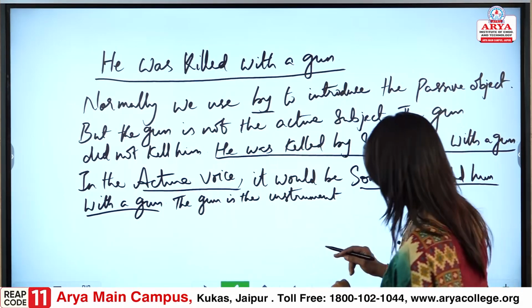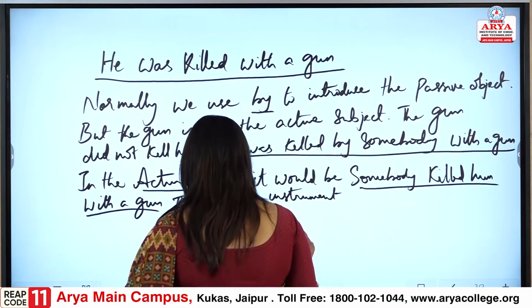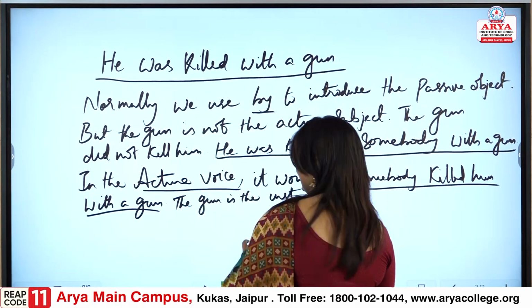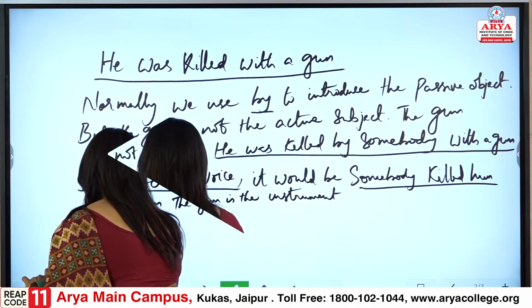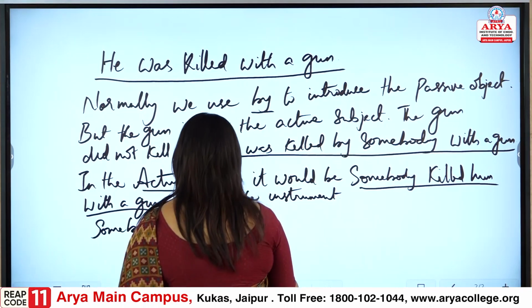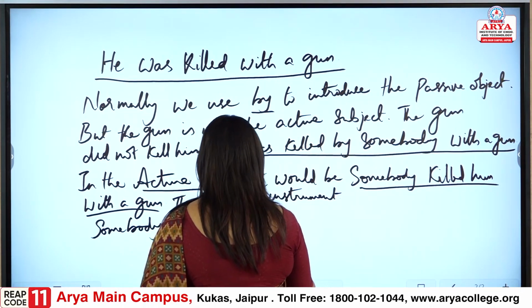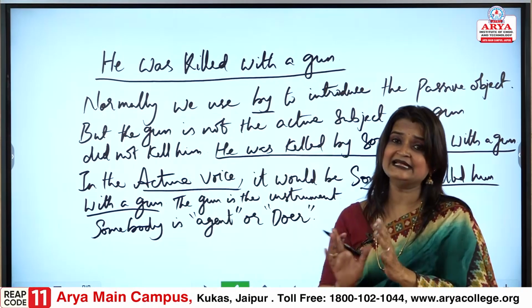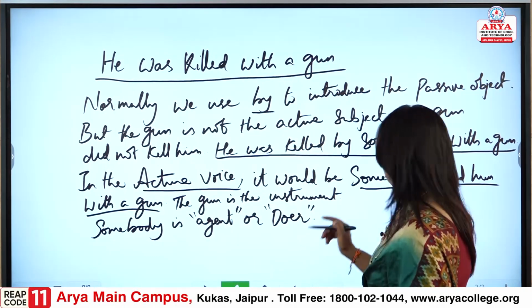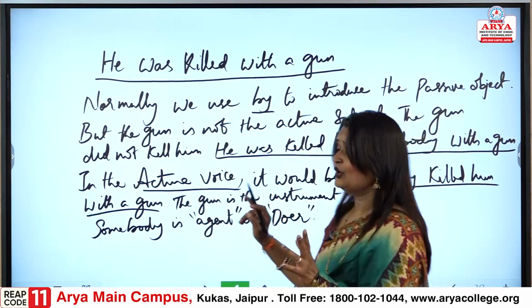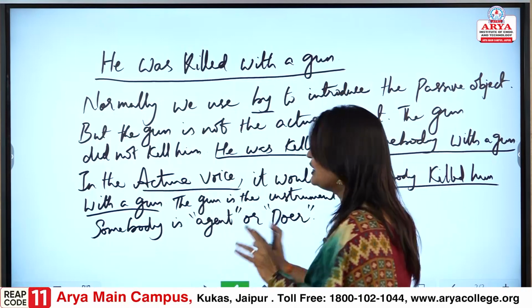Let us keep in mind that somebody is the agent or the doer. This is very important. In the active voice, somebody killed him with a gun.